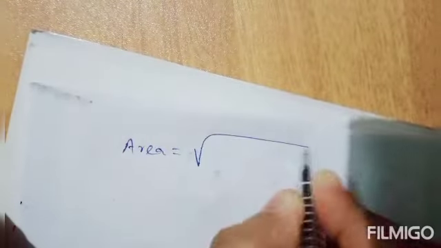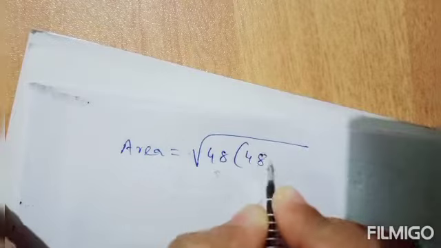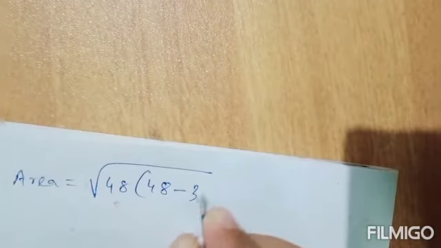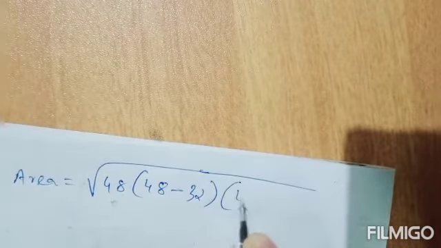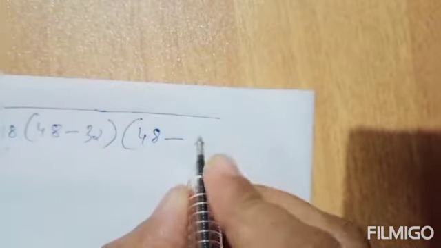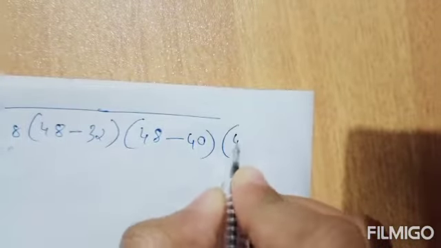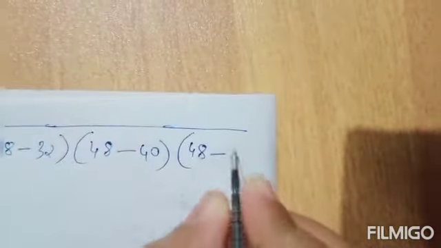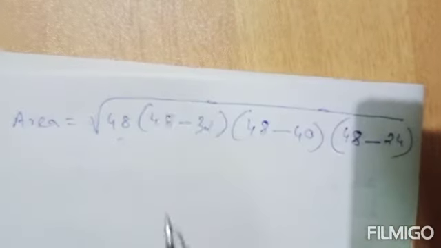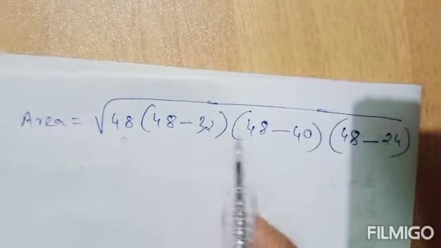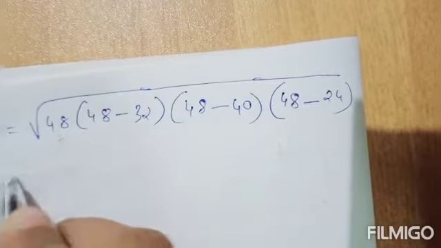Now you can find the area. Area equal to root of 48 into 48 minus 32, into 48 minus 40 (B is 40), into 48 minus 24 (C is 24).